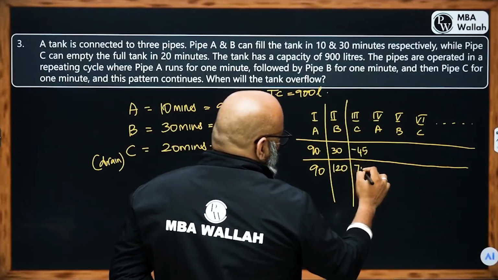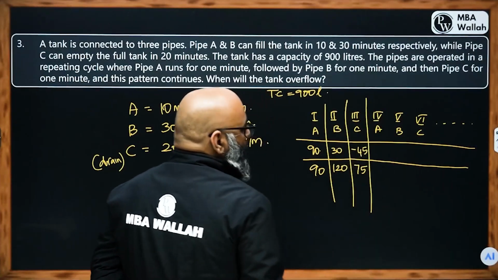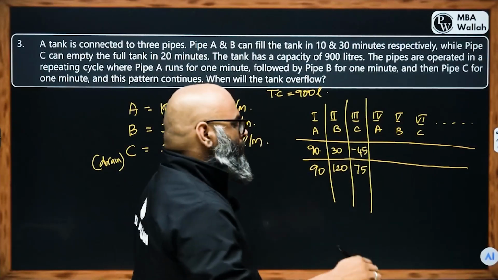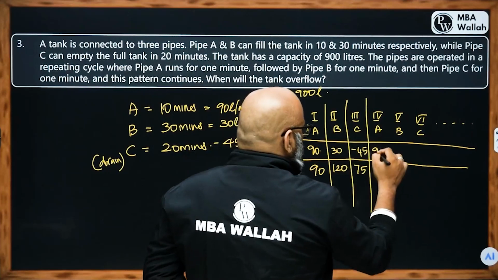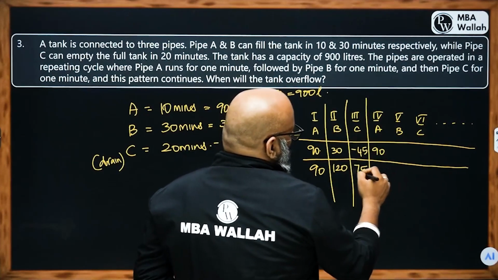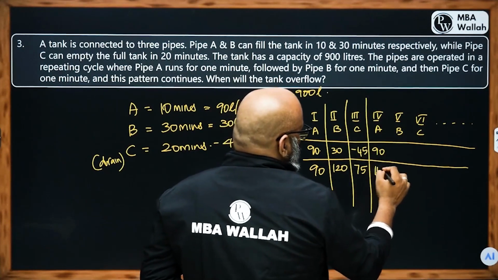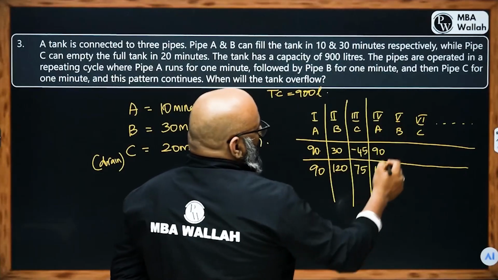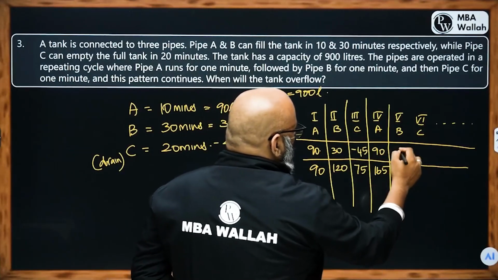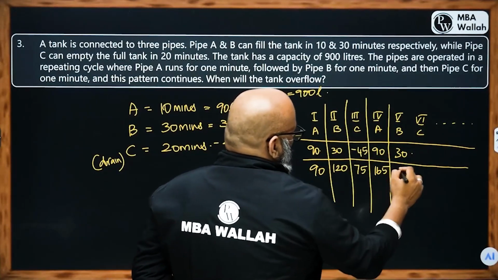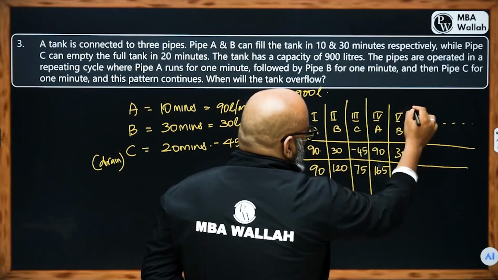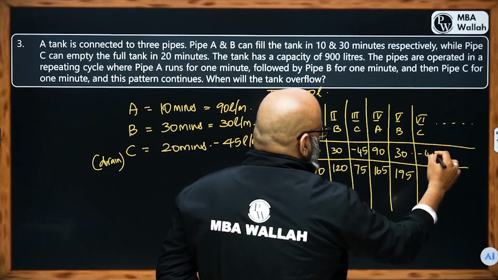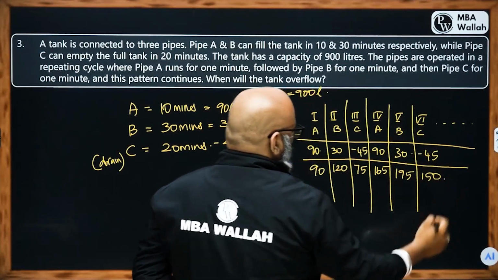That will leave us with 75 liters. Fourth minute, again it is A. That will give me another 90, and 75 plus 90 gives me 165. And then B will give me 30 liters. That will take me to 195. C will remove 45. That will bring me to 150.